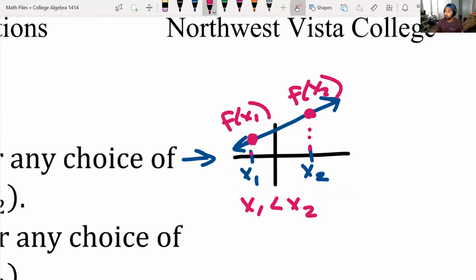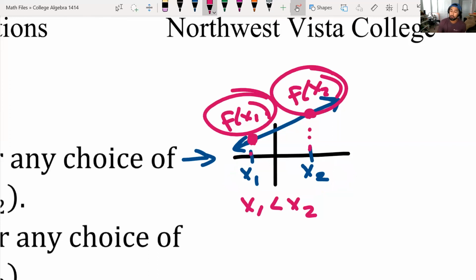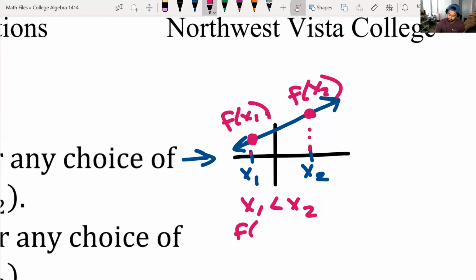And then if we're increasing, the other part said that f of x1 would be less than f of x2. So that's all that says. That's it. And this is how you find an interval of increase. Okay.